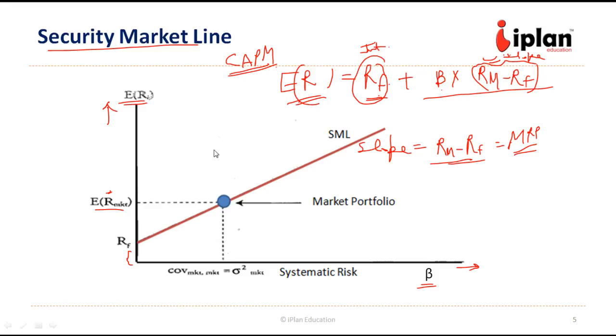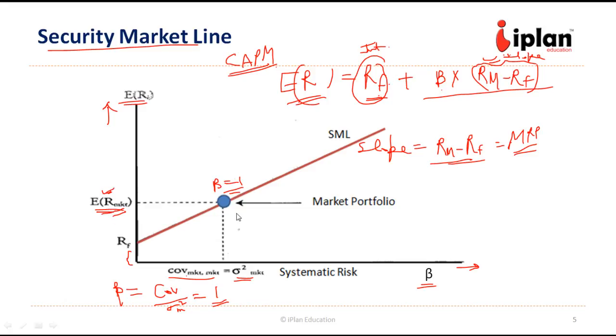If we want to find out that for the market portfolio itself, we know for the market portfolio, covariance between market and market is the same as variance. So our value of beta is going to be covariance divided by sigma m square, which is simply 1. So the value of beta is 1 for the market portfolio and return is the same as the return of the market.